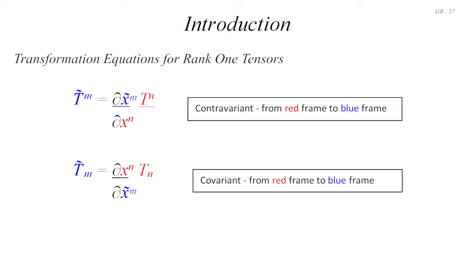We had, in video number 8, transformation formulas like these for changing the measurements of the components which had been made using the red frame of reference into the measurements you would get by using the blue frame. This equation is for the contravariant components, and this for the covariant.